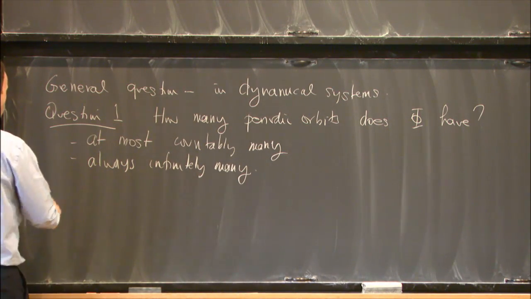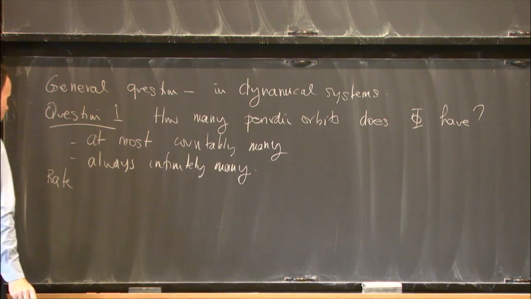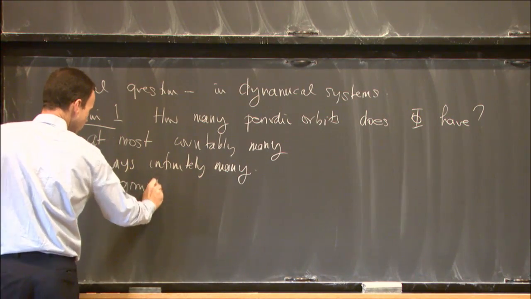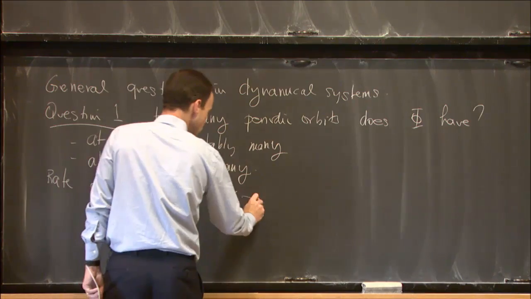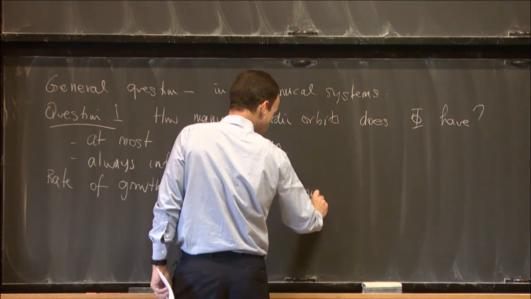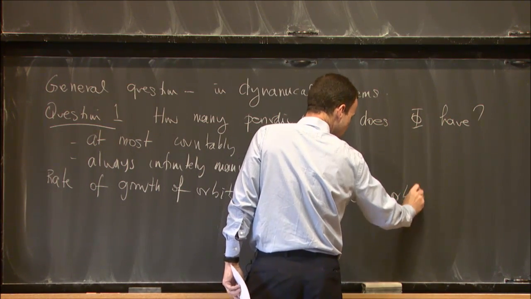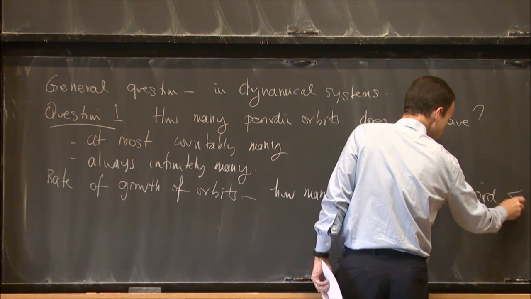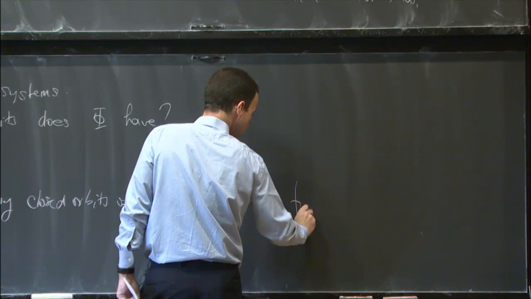And so then another question, which is really important: what is the rate of growth of orbits? So we want to count how many closed orbits of period less than t, and this generates a function f of t.